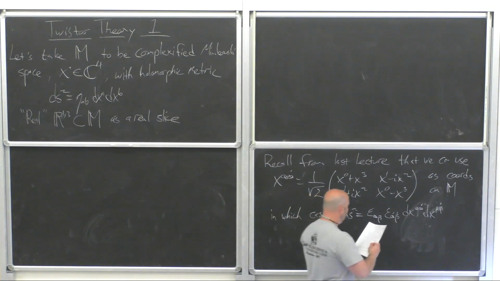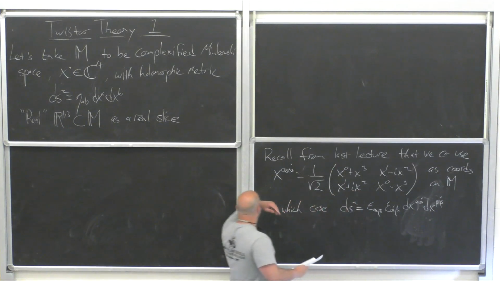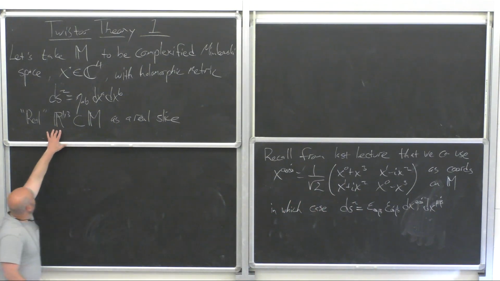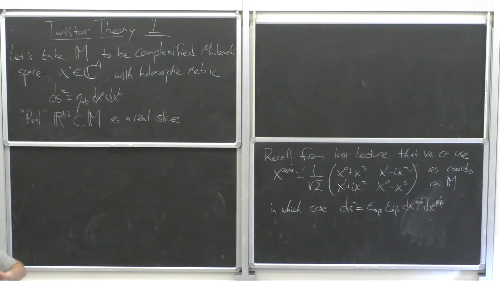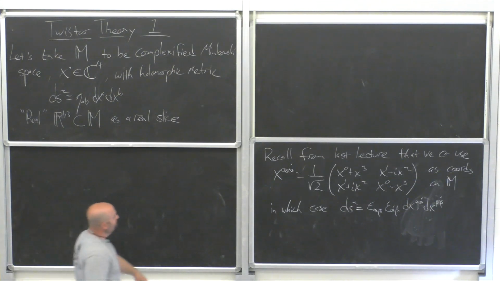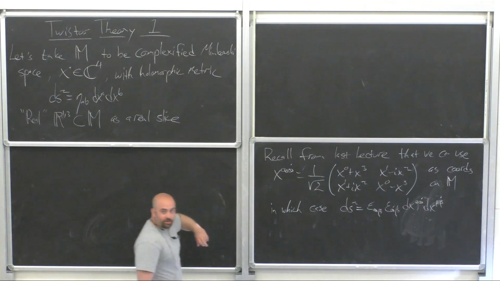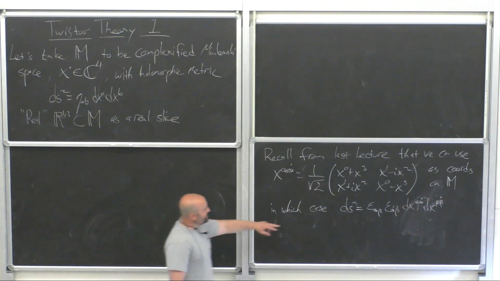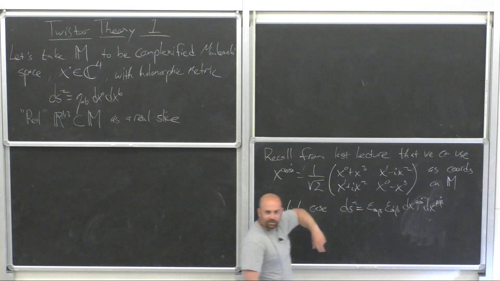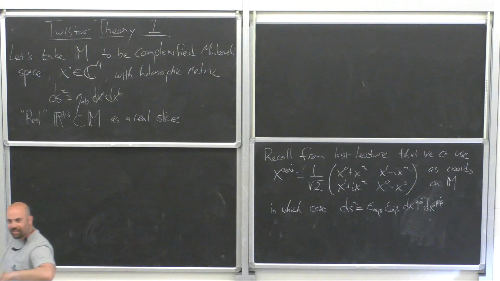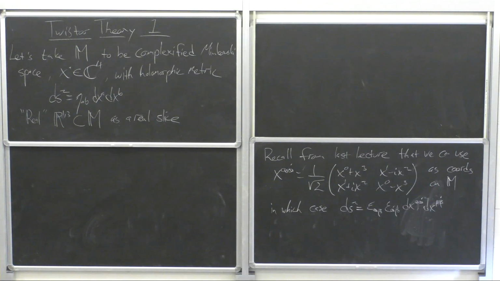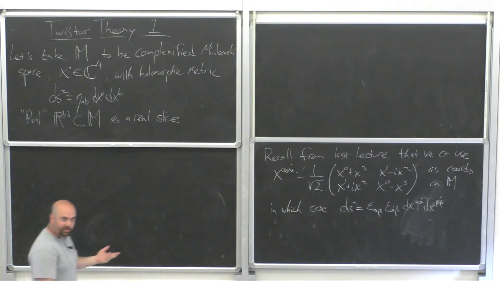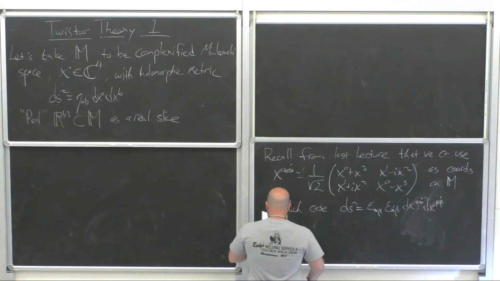Okay, so you might ask: Lorentzian real Minkowski space sits inside the complexified Minkowski space in this completely obvious way in the usual coordinates. What about in these two-spinor coordinates? Because this matrix has some i's floating around in it, it's not just going to be as easy as saying that this matrix is a real-valued 2 by 2 matrix, because that obviously won't give us Lorentzian real Minkowski space.